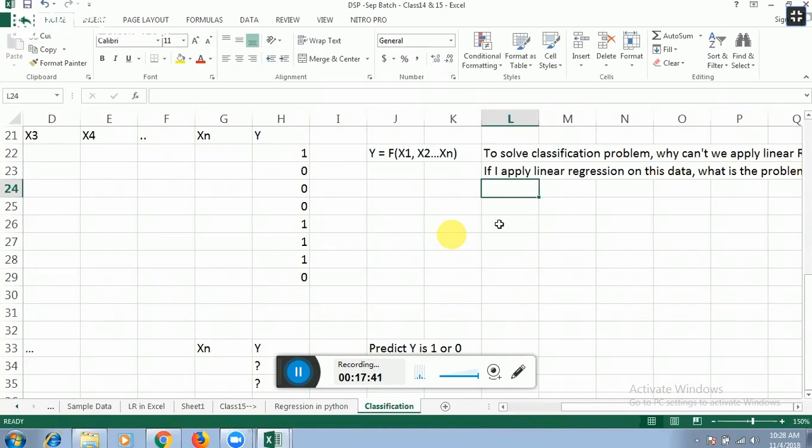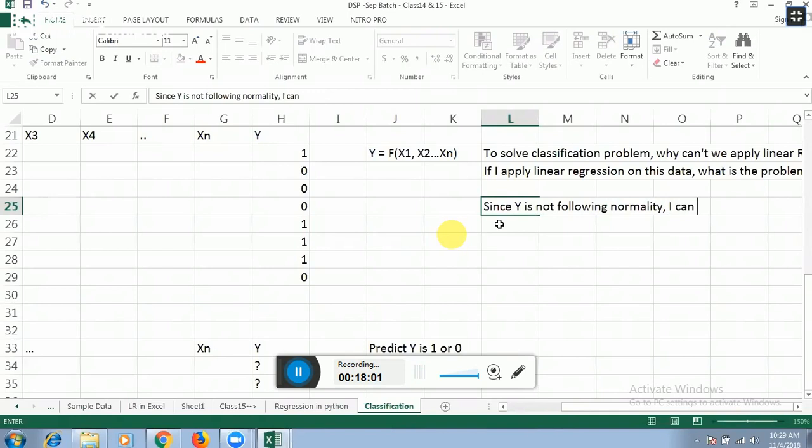That is the first thing I need to look at. Is it correct or not? So in this case, since my Y is not following normality, I cannot apply it. This is one of the assumptions.